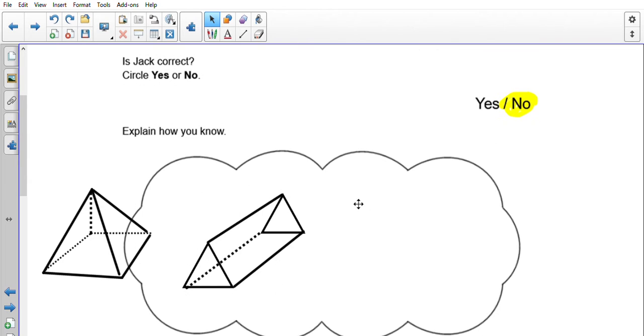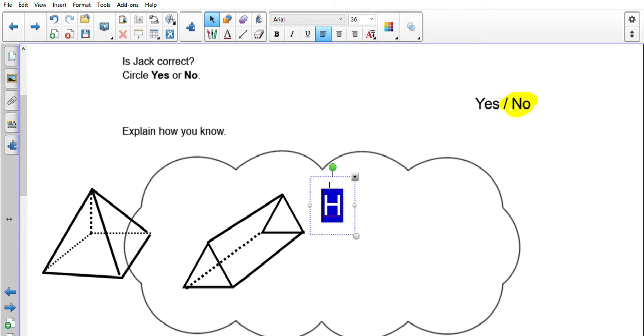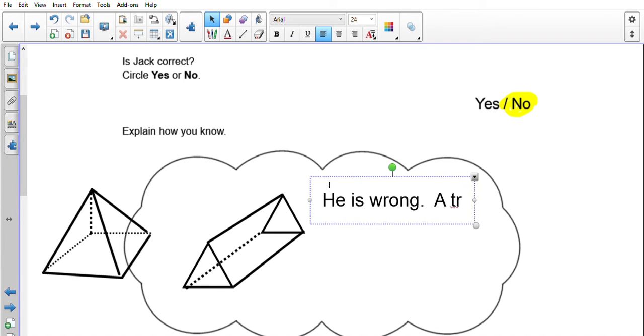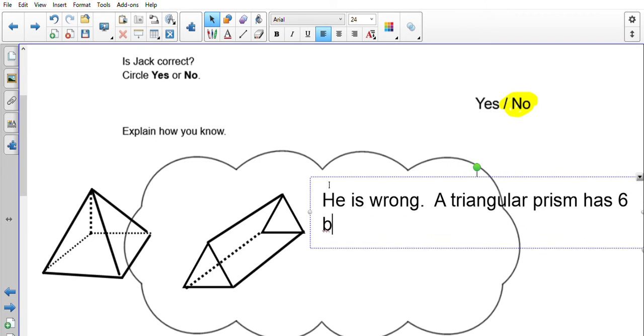So all I would need to write here is, he is wrong. A triangular prism has 6 vertices and 5 faces.